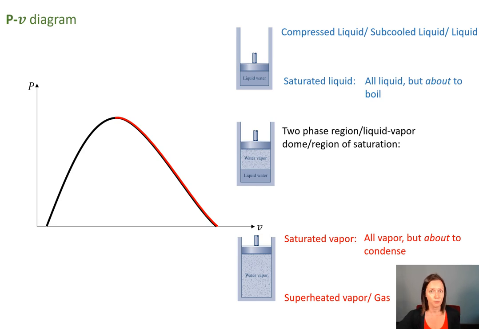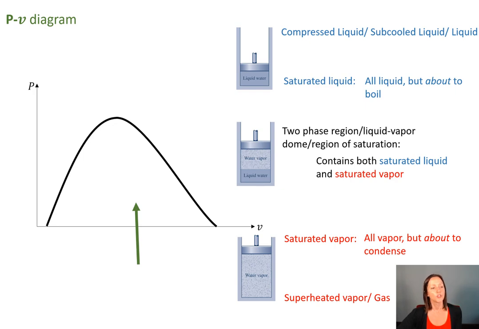This could be true for any substance that you have. You'll notice that the little piston cylinder pictures showing what's physically going on refer to water, and that's just because we work with water a lot in this class. But these relationships could be true for any substance. We could just as well say liquid nitrogen, for example. It would be the same relationships.